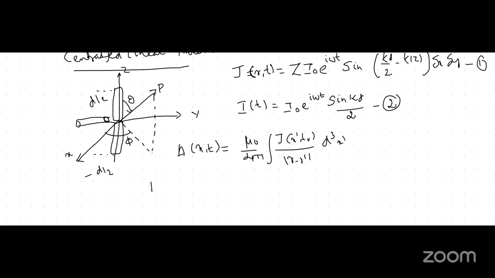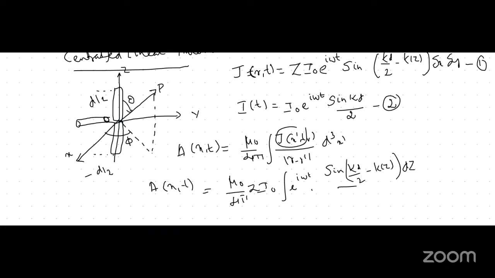If you substitute and write, you'll get it as mu naught by 4 pi integral of z I naught exponential of i omega t into sine of kd by 2 minus k of z into dz by r minus z, because here we are substituting this equation 1.